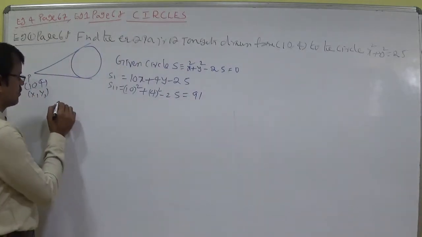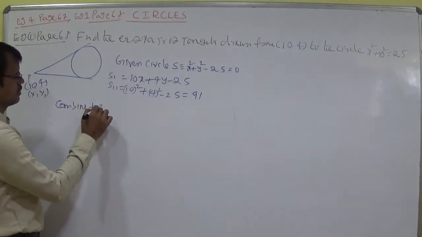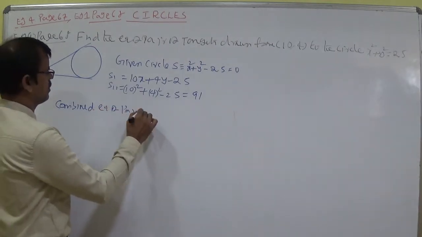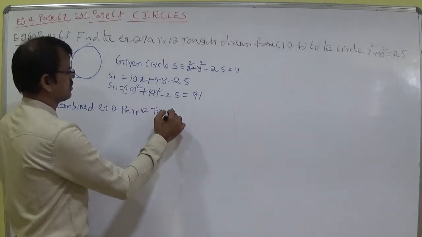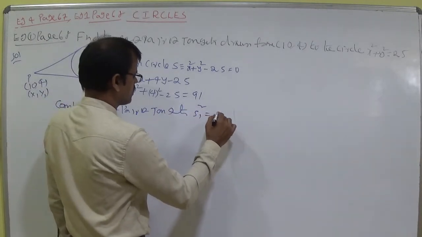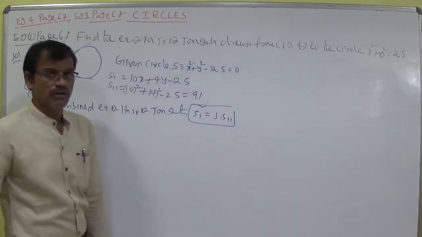Now, combined equation of pair of tangents. The formula is S1 square equal to S into S11.